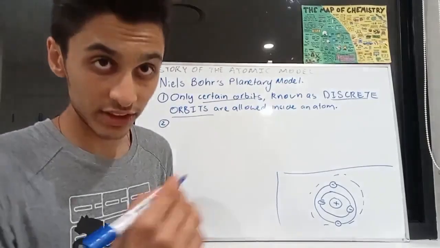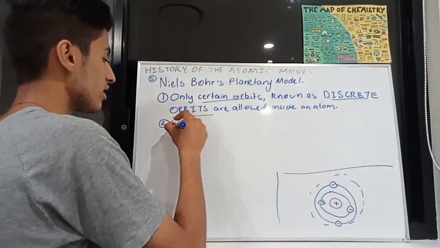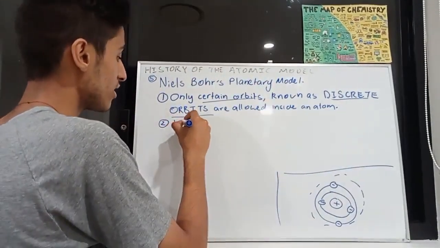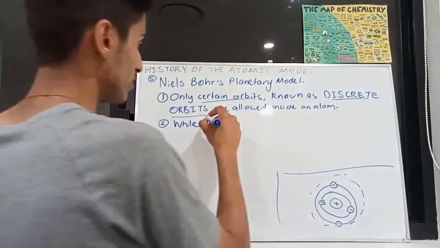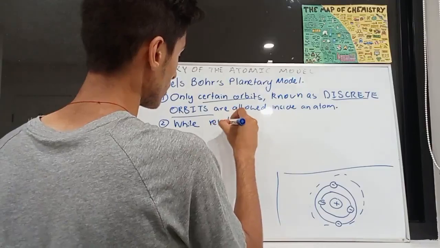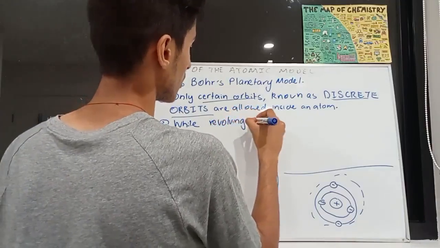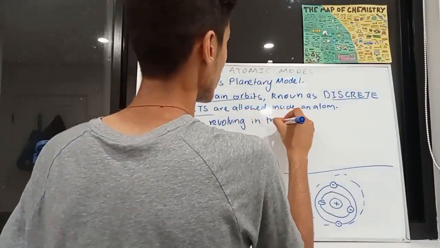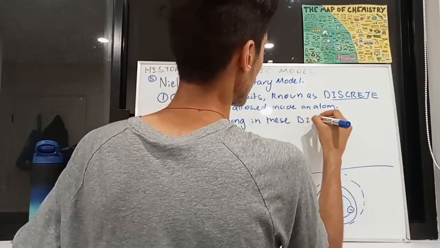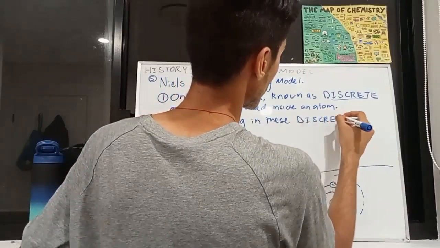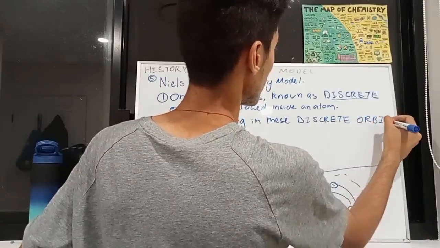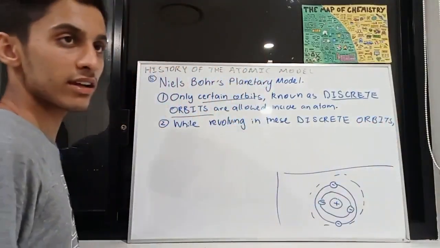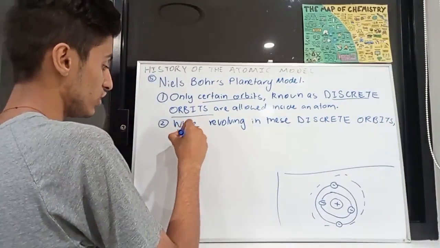And the next thing, okay, so jumping back, the next thing that Niels Bohr said is that while revolving in these discrete orbits, the electrons do not lose energy.